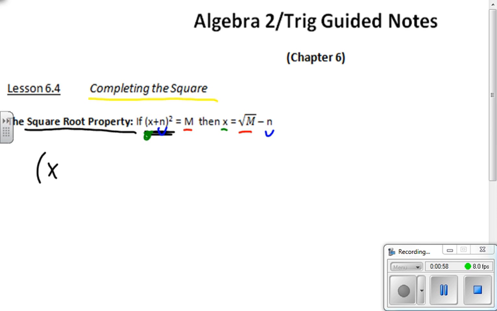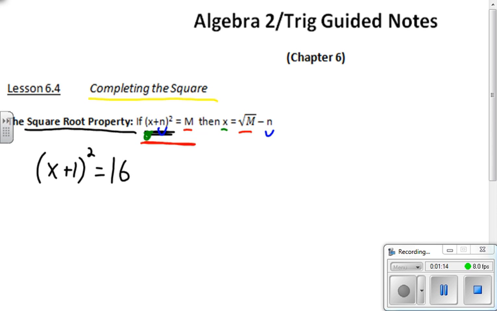Say we have x plus 1 squared equals 16. So in this case we put it into this form, and we want to find what x equals.